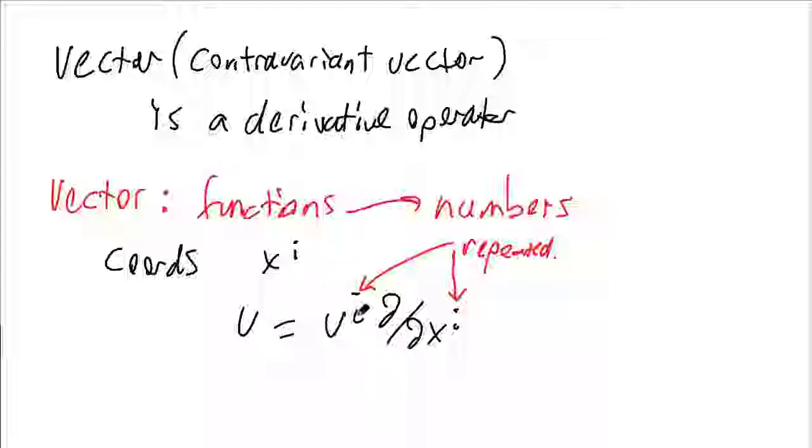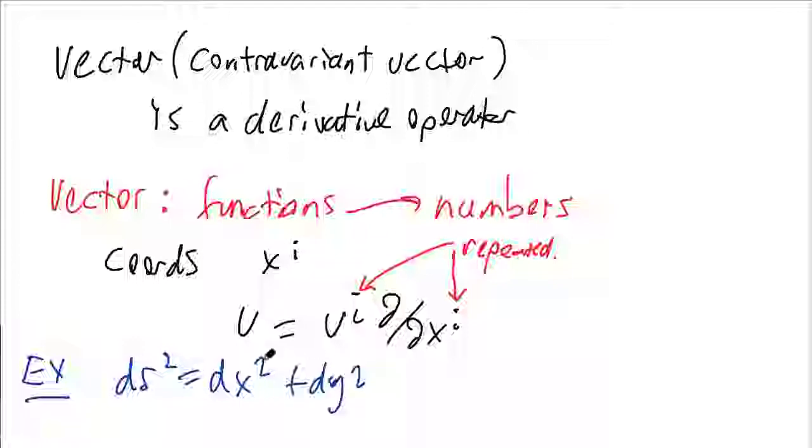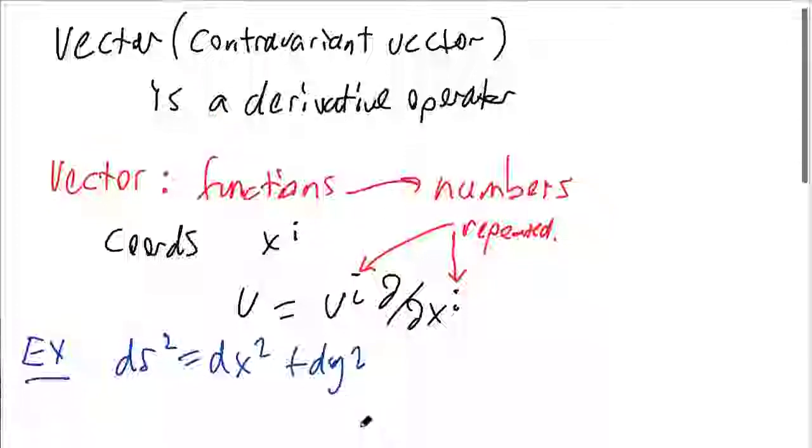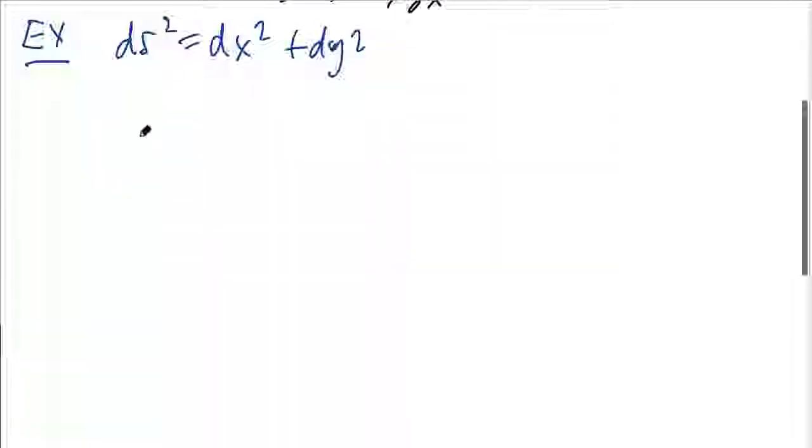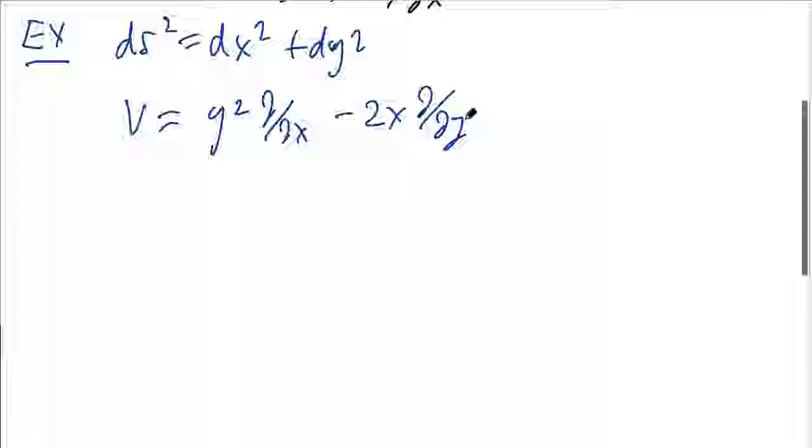All right, let's take an example. And I'm thinking in the context of just flat two-dimensional space with Cartesian coordinates. So the line element is dx squared plus dy squared. And let's consider the vector v equals y squared d/dx minus 2x d/dy.